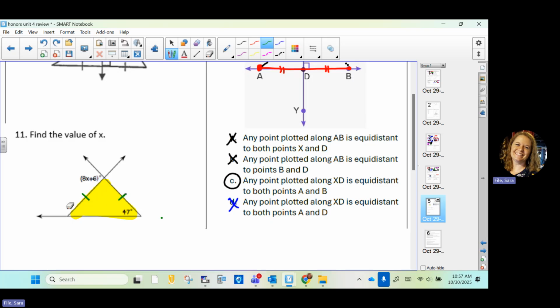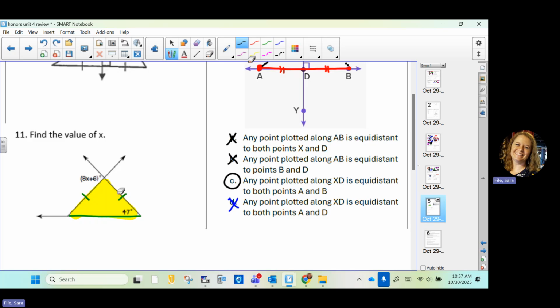What's the third side called? We have two legs and a base. So the base runs along here. This one happens to be sitting on its base, but they do not have to be sitting on its base. It's not called a base because it's what it sits on. This could be turned upside down and it would still be called the base, right? So it's just the third side that's not congruent to the legs.